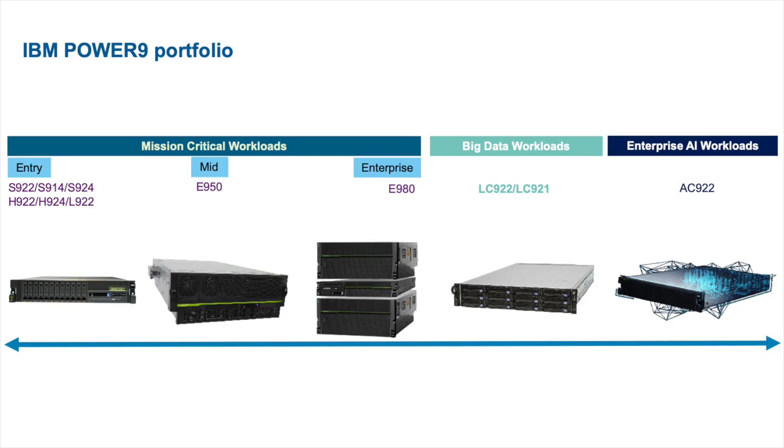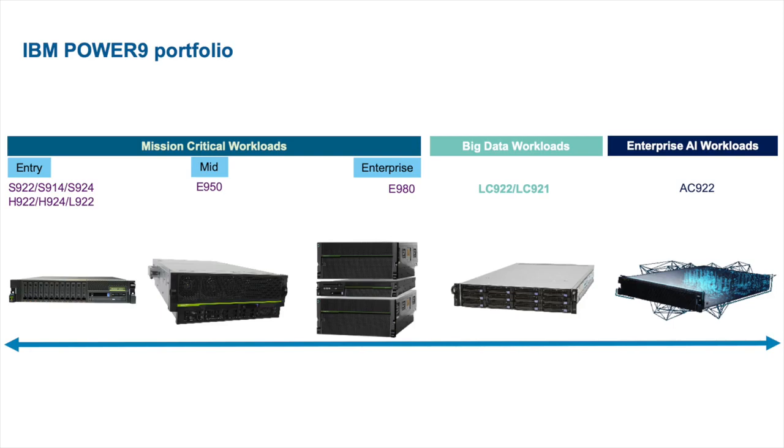And finally, we have servers suited for enterprise artificial intelligence or AI workloads. The AC922 server has been demonstrating the kind of deep learning performance and accuracy that can only be delivered with the combination of IBM Power9, NVIDIA GPUs, and the NVLink technology that ties the CPUs and GPUs together, and specifically engineered software to be able to work on the most complex AI models.